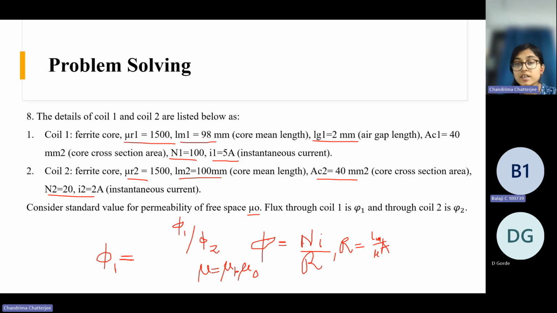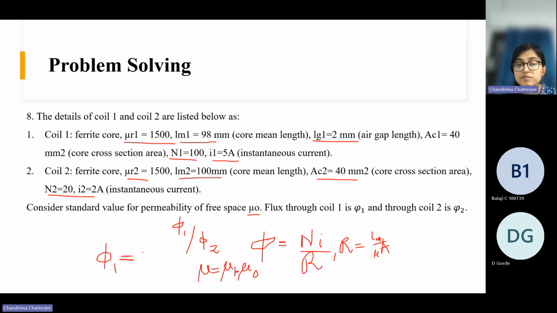You do NI by R and tell me what is phi 1. 7.6 micro.